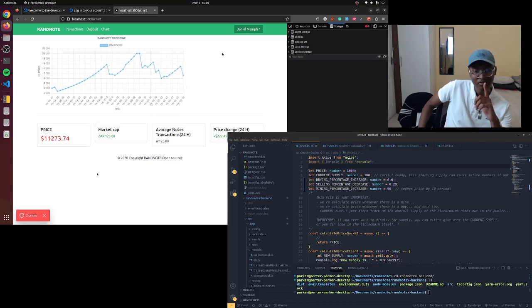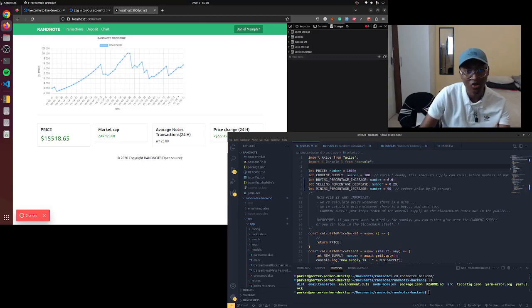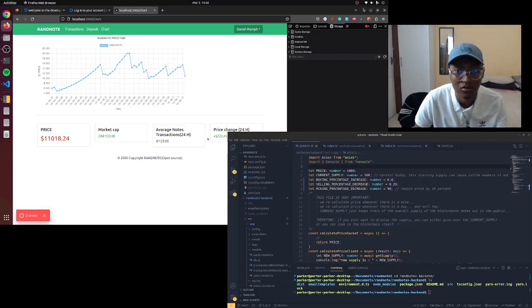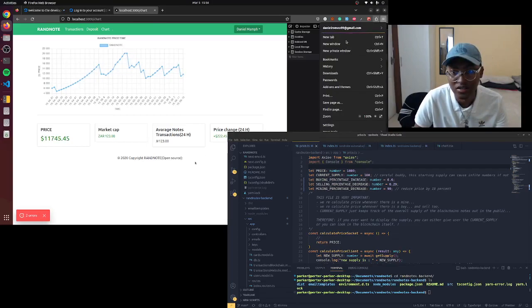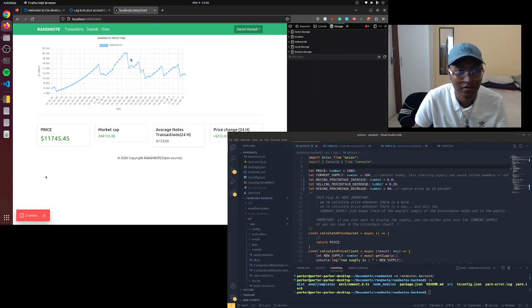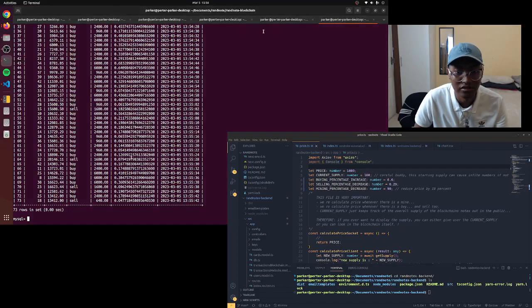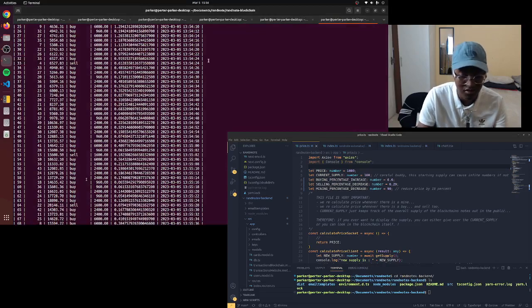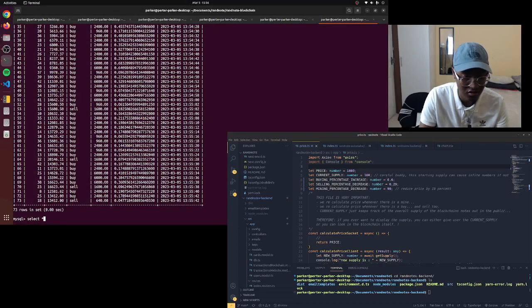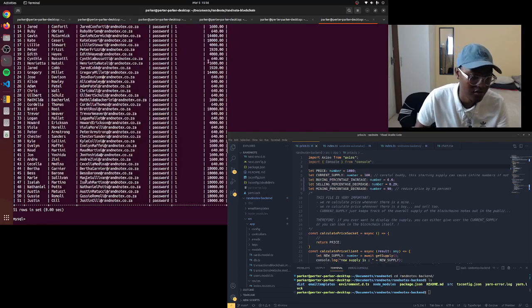There's something that I need to figure out. When a user sells, then their balance needs to increase, right? So I should probably log in with another user's credentials. Select all from users.